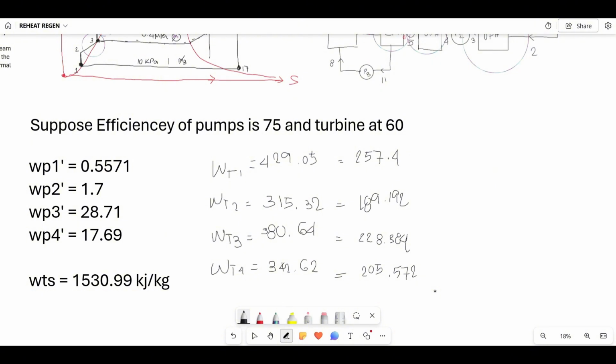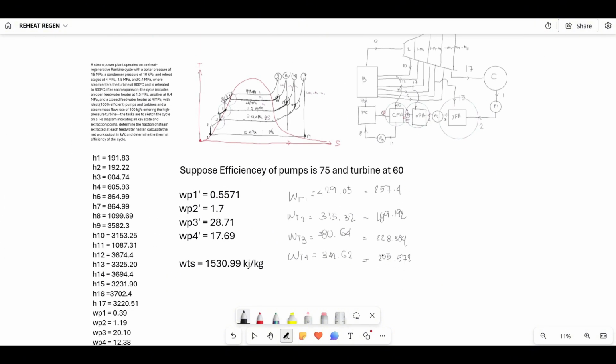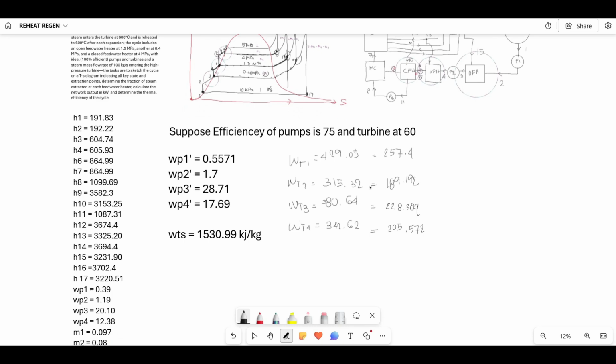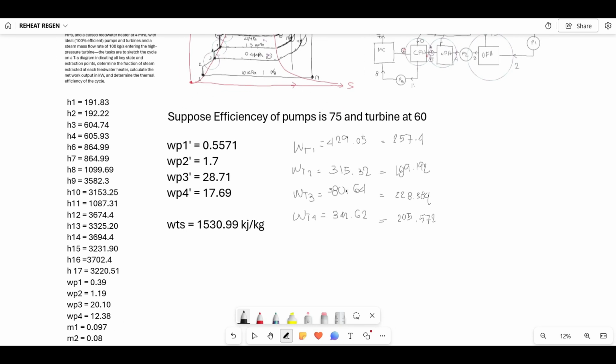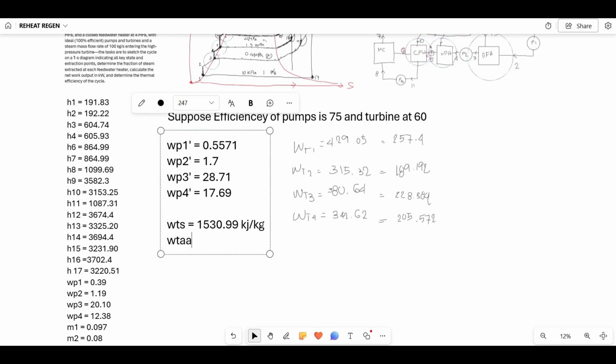So now we have the work of the turbine. So the actual net work of the turbine: we add all this, 257.4 plus 189.192 plus 228.384 plus 205.572.